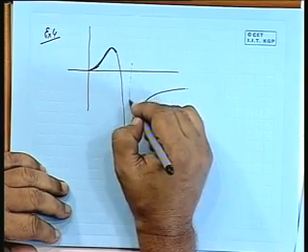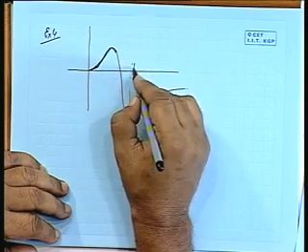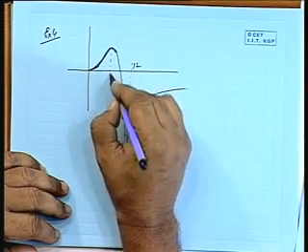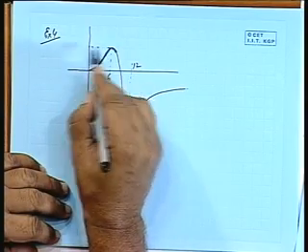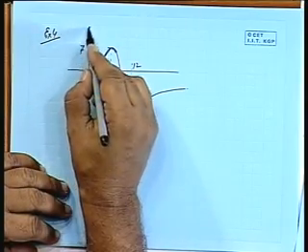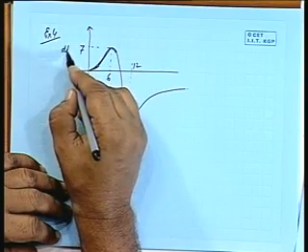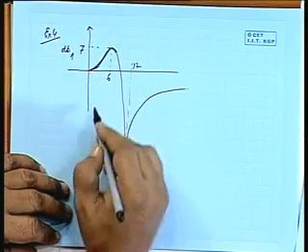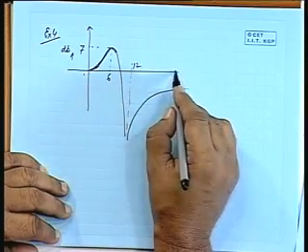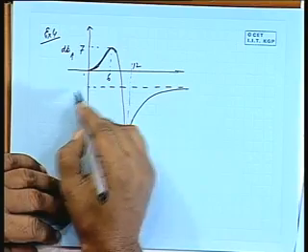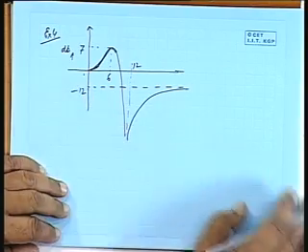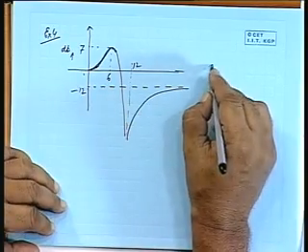This is given as 12, this is given as 6, this is given as 7 dB, this is settling at minus 12. Okay. Estimate G(s).